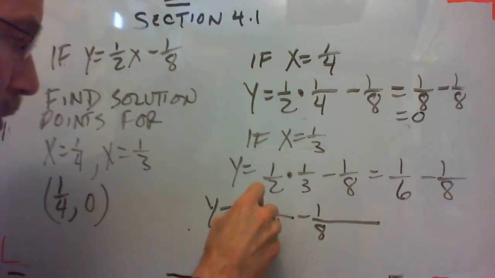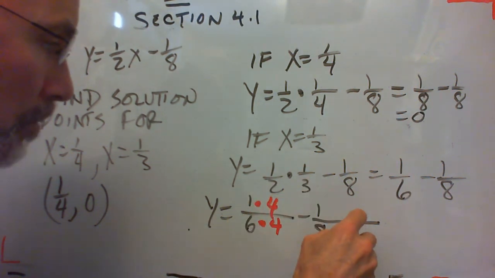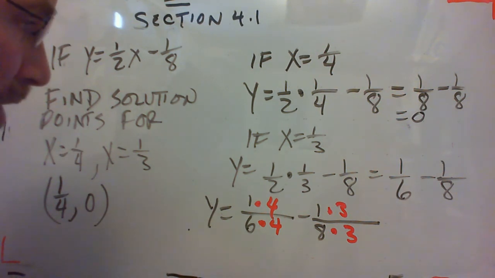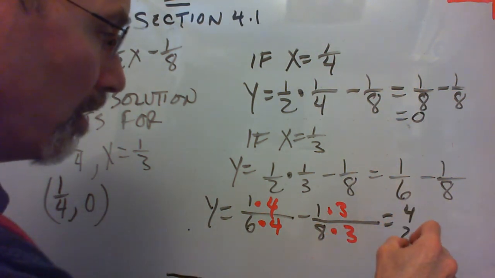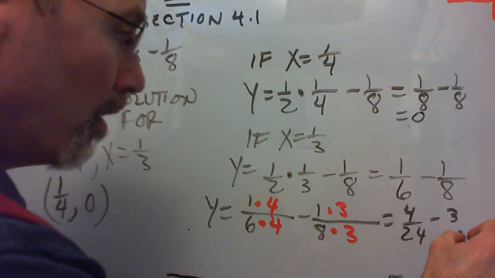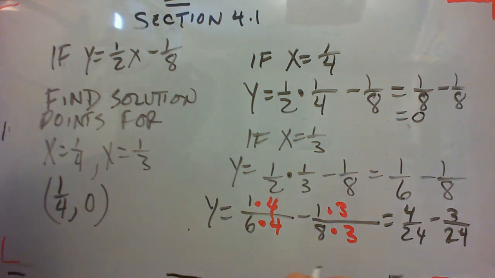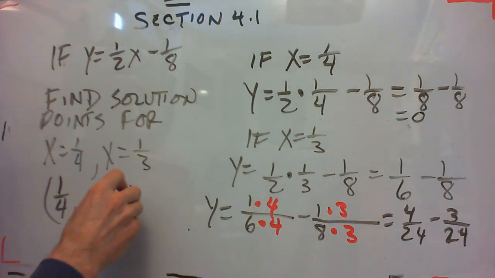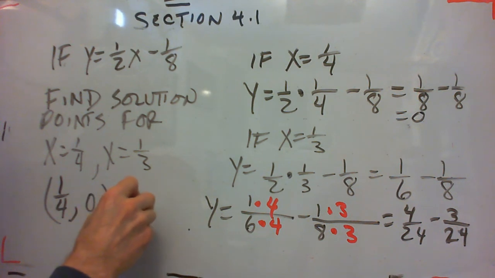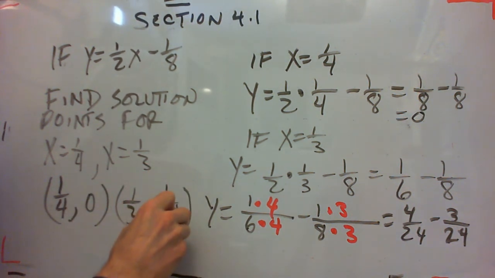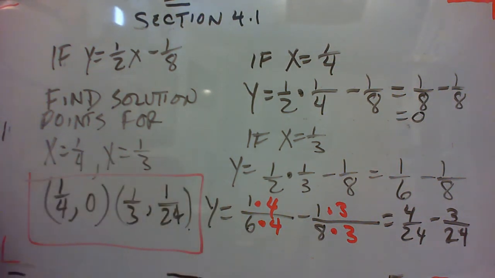Multiply 6 by 4, multiply 1 by 4, multiply 8 by 3, and 1 by 3. So that gives us 4/24 minus 3/24, which is 1/24. So our second solution point is 1/3, 1/24. So these are the two things we're looking for in this problem.